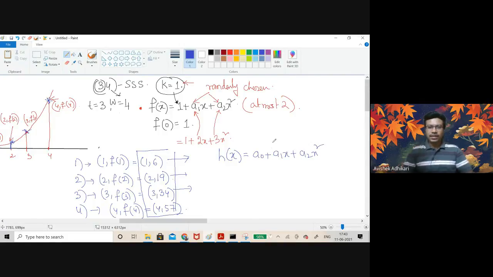Note that they do not have any idea about these values. What they actually want to find is a0, because that is the secret.